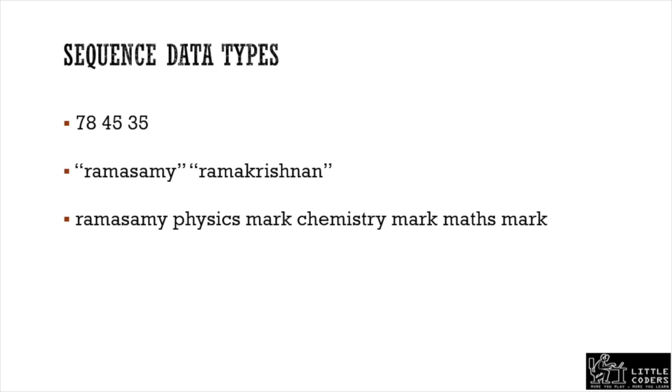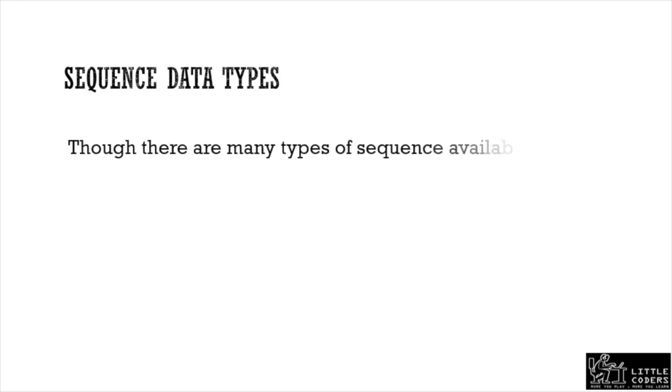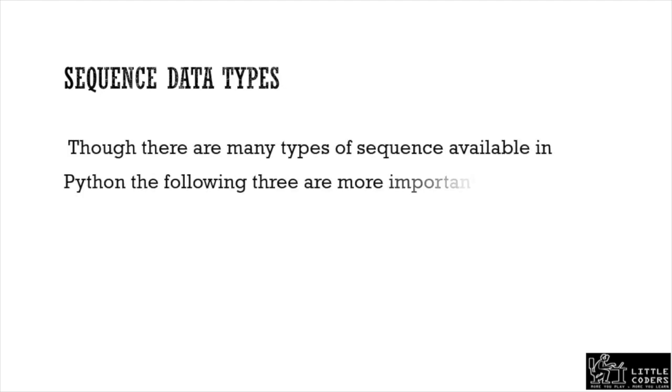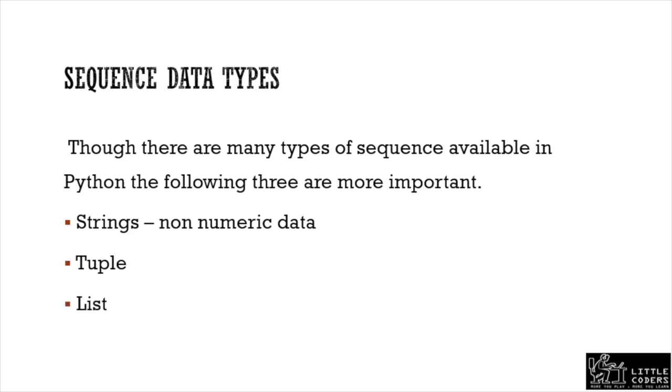There are many types of sequence available in Python, but we are going to discuss the following three which are more important. Now, the first one is strings. This is also called non-numeric data, which includes alphabetic data as well as non-numeric. And the next one is tuple, and the third one is list.